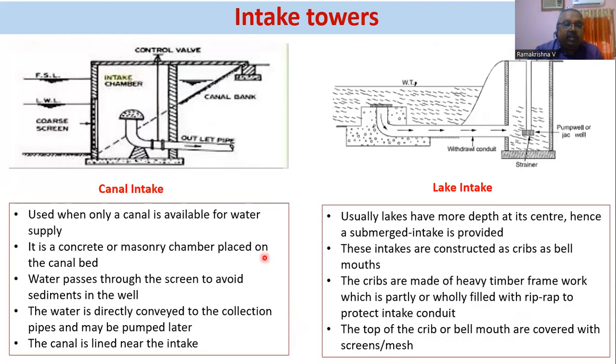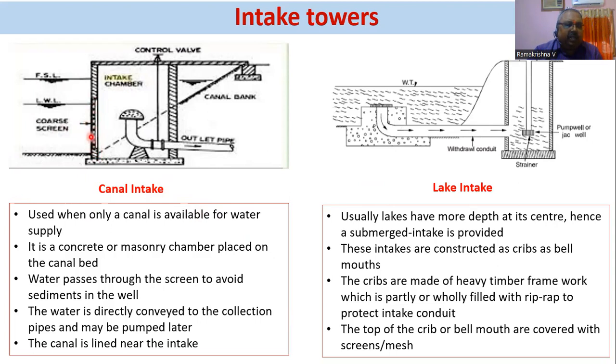And now this is what you normally see where rivers or reservoirs are not available: the canal. You can see a similar process here. But instead of intake pipes or inlet pipes, we normally provide an opening in the side wall of the intake tower, and this wall is fitted with a coarse screen.